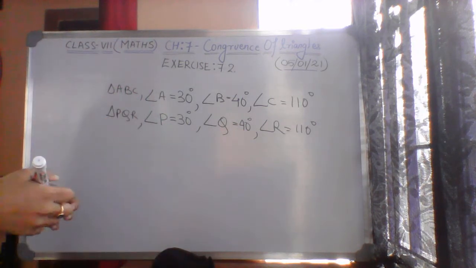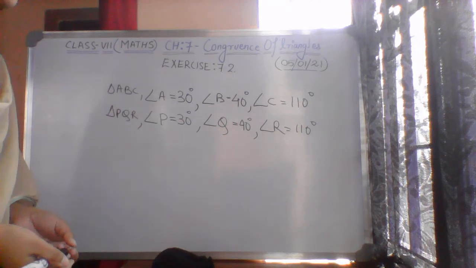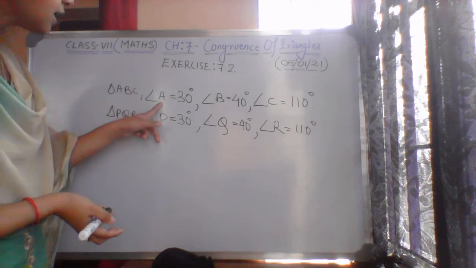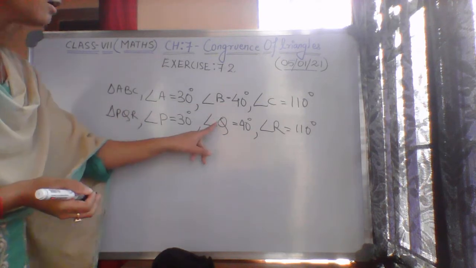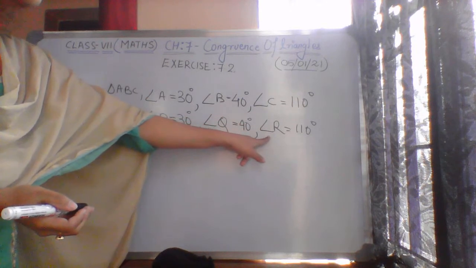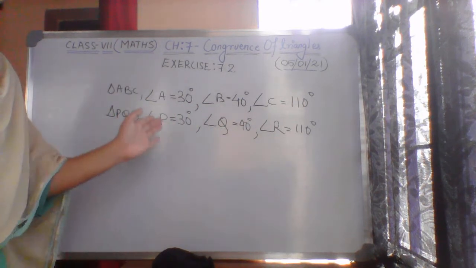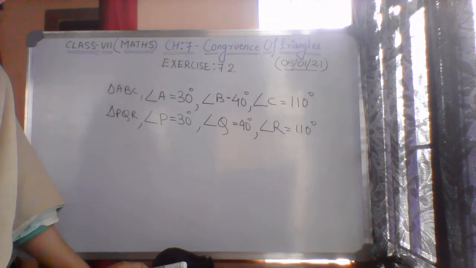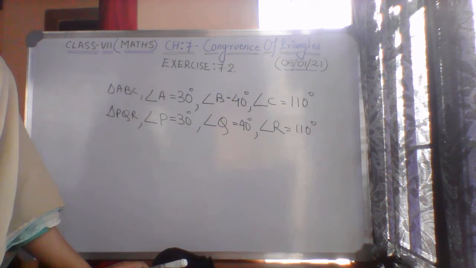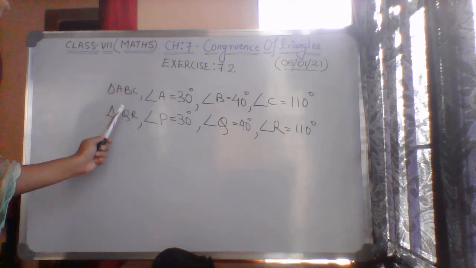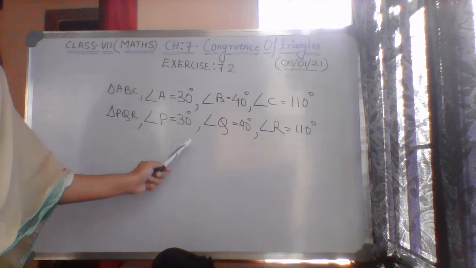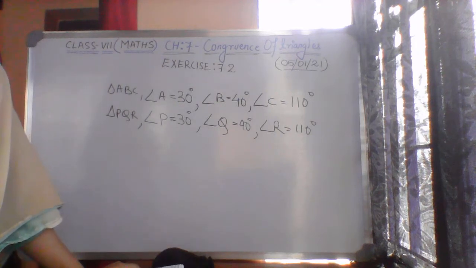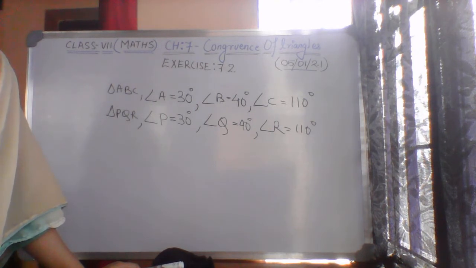You will be thinking the two triangles are congruent because angle A equals angle P, angle B equals angle Q, angle C equals angle R. So you will be thinking triangle ABC is congruent to triangle PQR by angle criteria, but this is not so, because you know angle criteria do not exist.